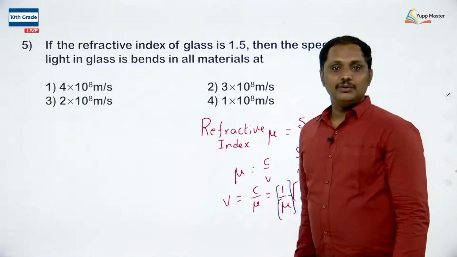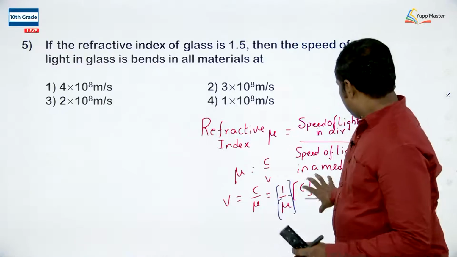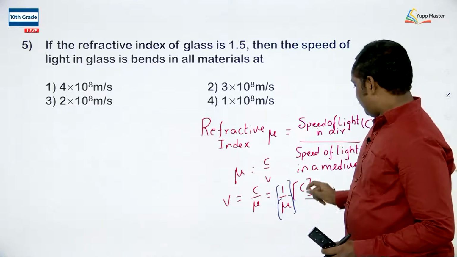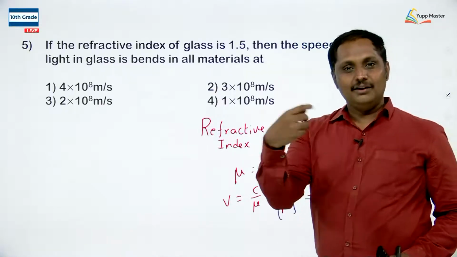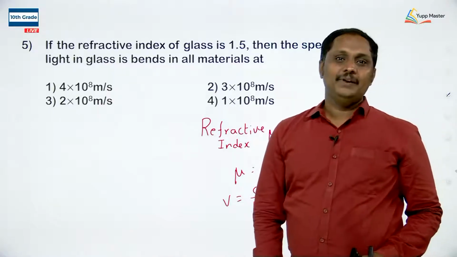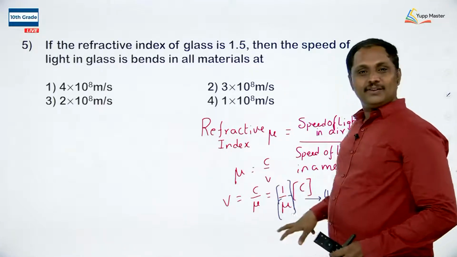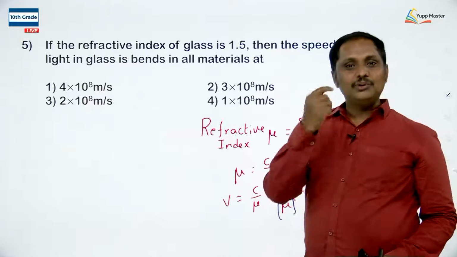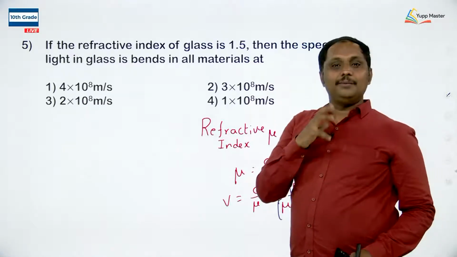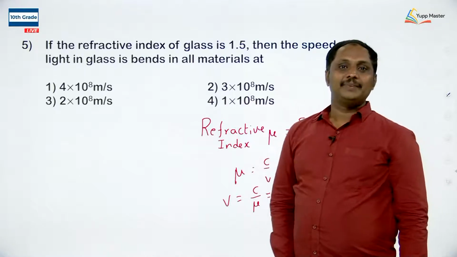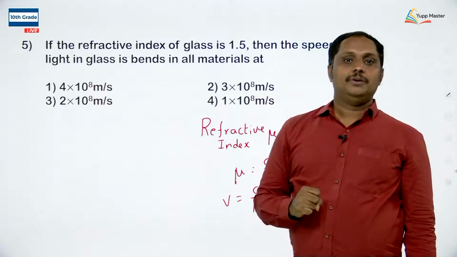Please have a look. It is going to be a reduced speed of light. If you take the air medium and the glass medium, is the speed the same in the two cases? No. If you look into the matter of rarer medium and denser medium, the speed of light is reduced.